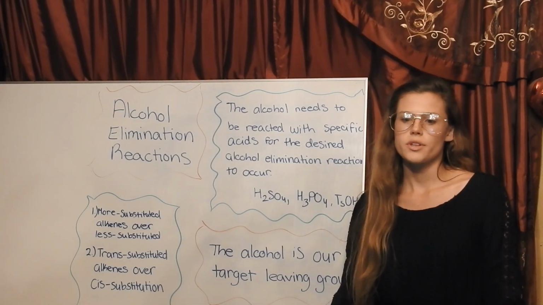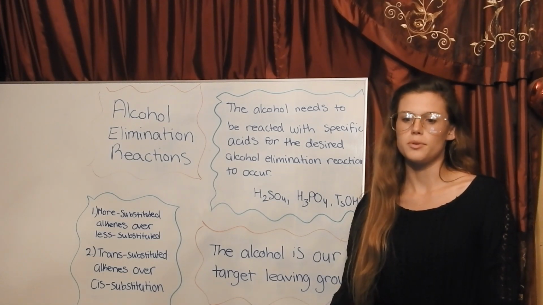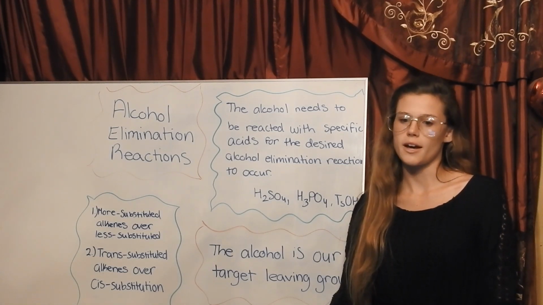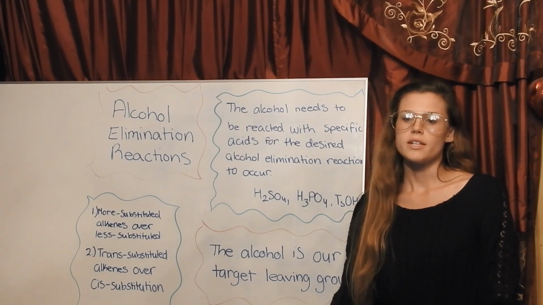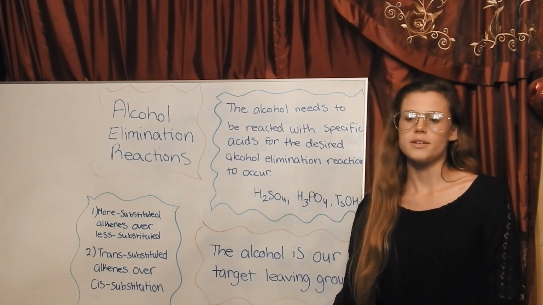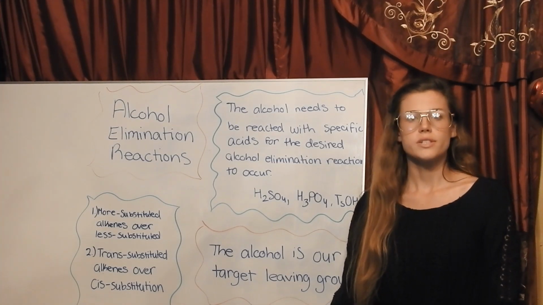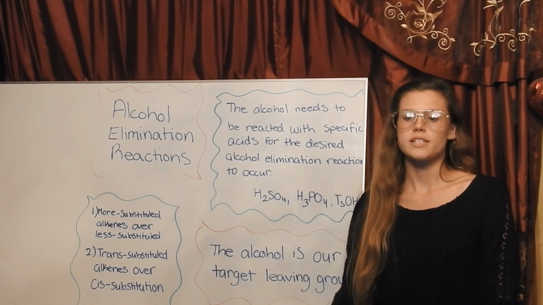In order for this double bond to form, two molecules need to be removed from the two neighboring carbon atoms. Often, one of the two molecules is a hydrogen atom. This reaction can occur as an E1 reaction in two steps, or as an E2 reaction in a single concerted step.